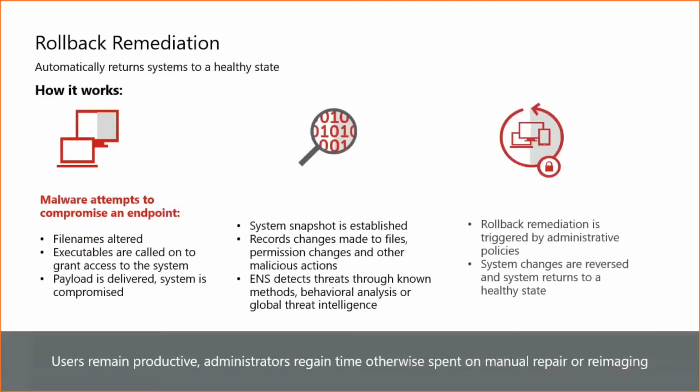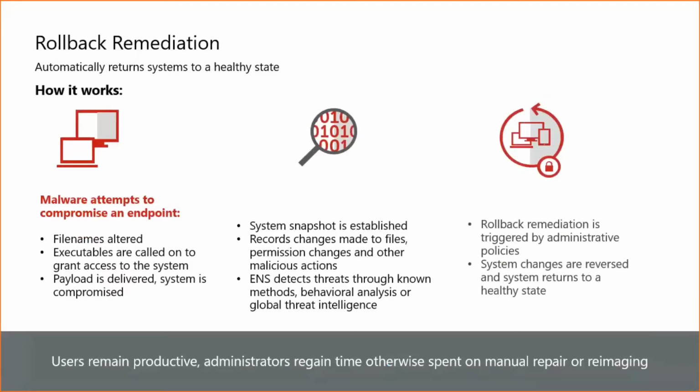And in the latest version of ENS 10.7, McAfee has added a new feature called rollback remediation, or enhanced remediation. As you remember, I said before that adaptive threat protection will perform behavioral analysis on a program that is not known to McAfee to see if that program is doing anything harmful or not.